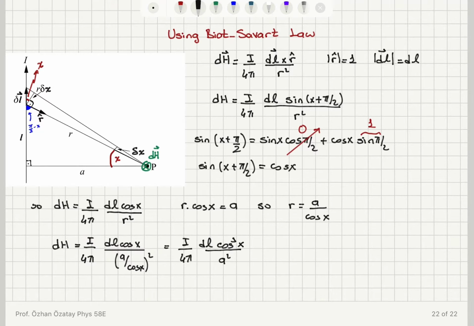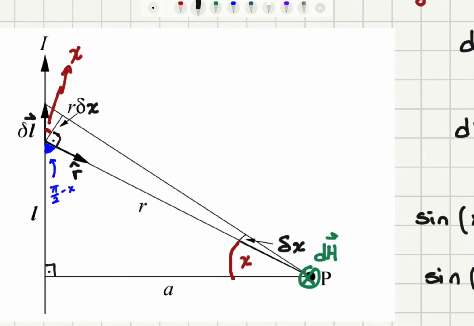Now, if you concentrate on this little triangle here, we see that when you change the angle x by an amount delta x, we're going on an arc, so this arc length will be equal to r times delta x. So it's like r times delta theta when you go through an arc length in a circle.